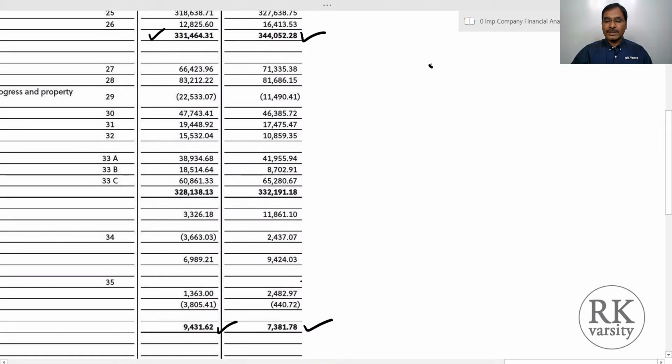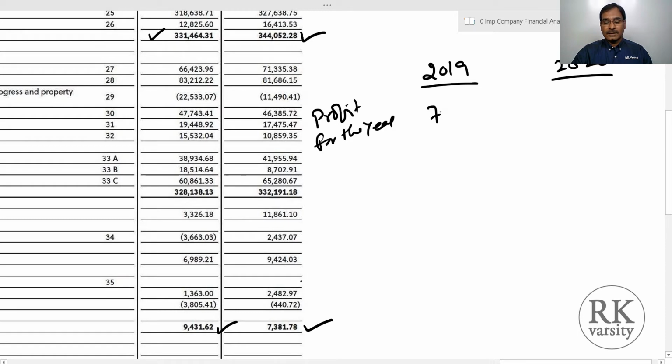So for the financial year 2019 and 2020, your profit for the year is 7,381, or let us take 82. We should not, but just for the ease of calculation, I am rounding the numbers.